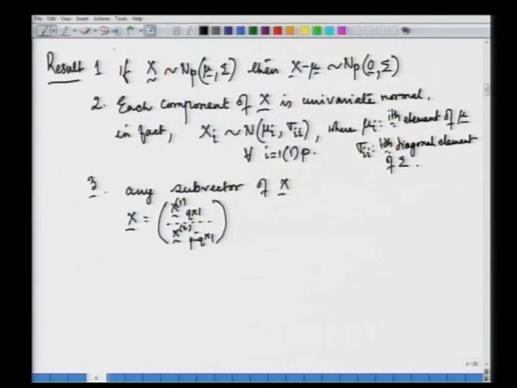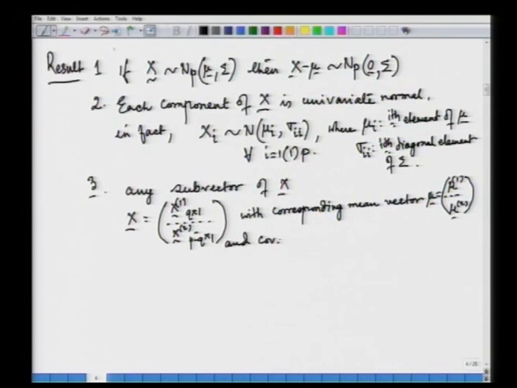So, this is a subvector of x, but what is important, the corresponding mean and covariance matrix should be formed accordingly, with the mean vector mu also partitioned in a similar manner, mu 1 and mu 2, and the covariance matrix of x taking a picture like sigma 11, sigma 12, sigma 21 and sigma 22.